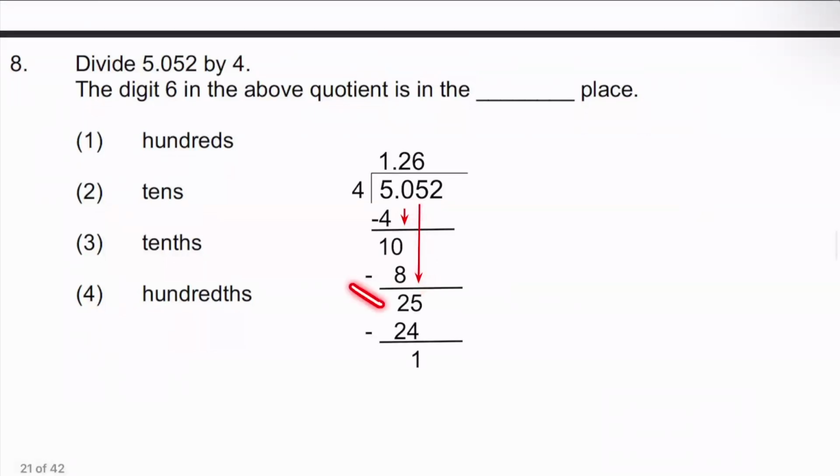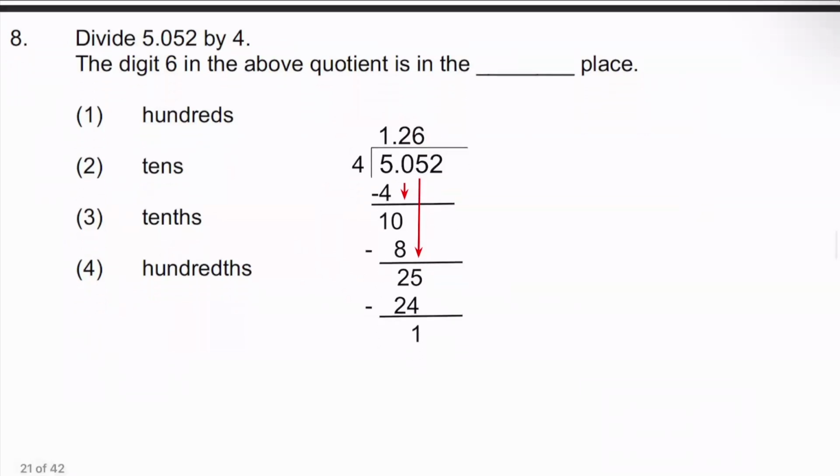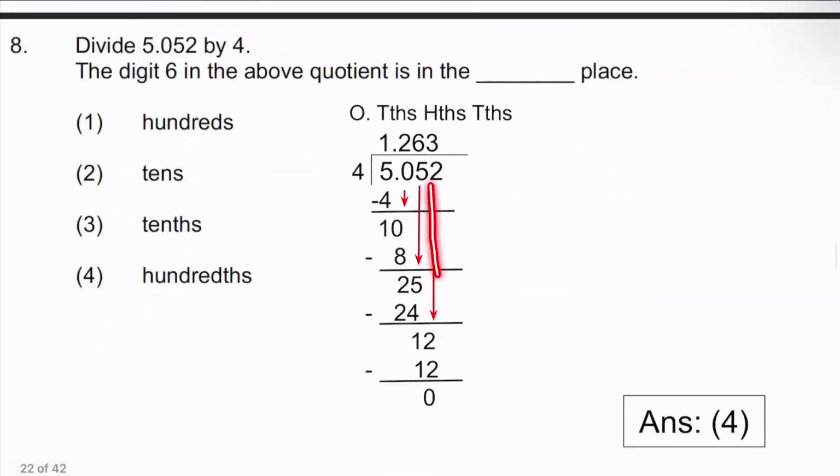So 25 divided by 4, you get 6, right? Then 6 times 4, you get 24. So 25 minus 24, you get 1. Then you bring down the next digit, which is 2.